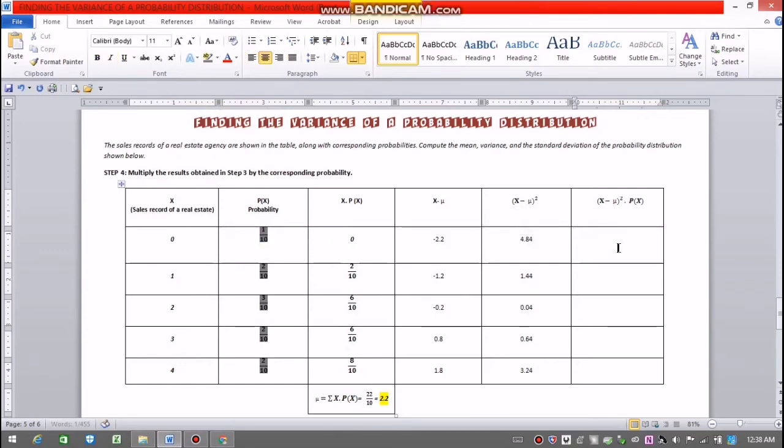For the second column, 1.44 multiplied by 2 over 10 is equal to 0.288.